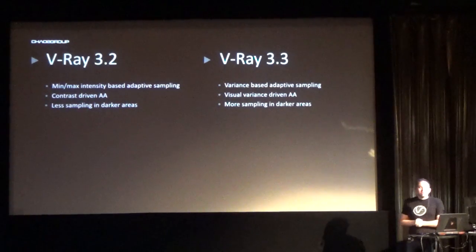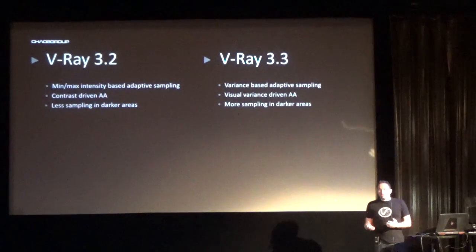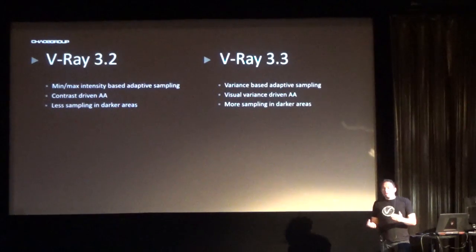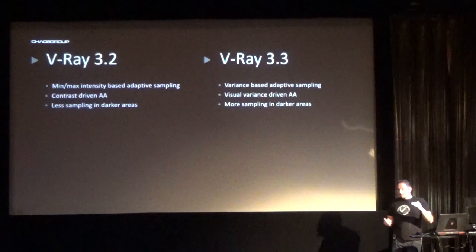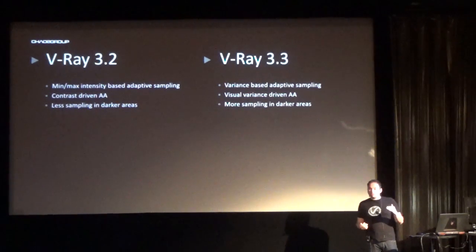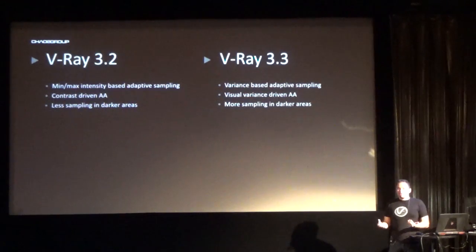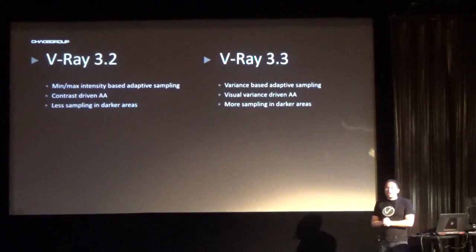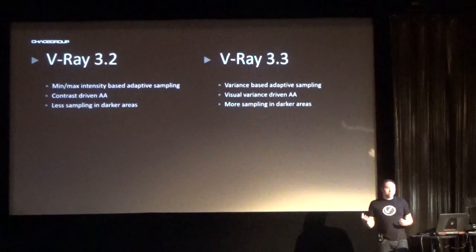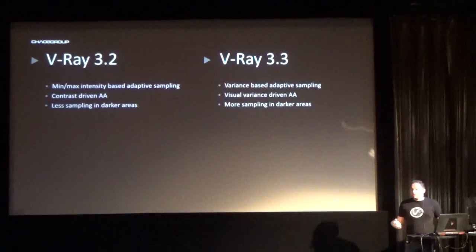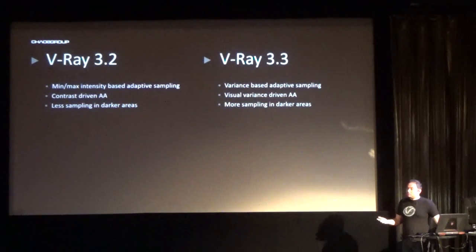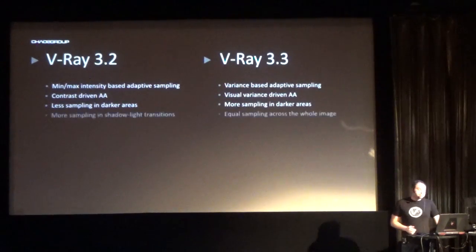However, some of our users wanted to have more control in post-production, for example, and if they increased the exposure a little bit, even 1 exposure value, even half a step in post-production, you could see the noise there because you didn't sample that. So that was hard to overcome, and there were some workarounds, but that was one of the things that we wanted to change in 3.3.